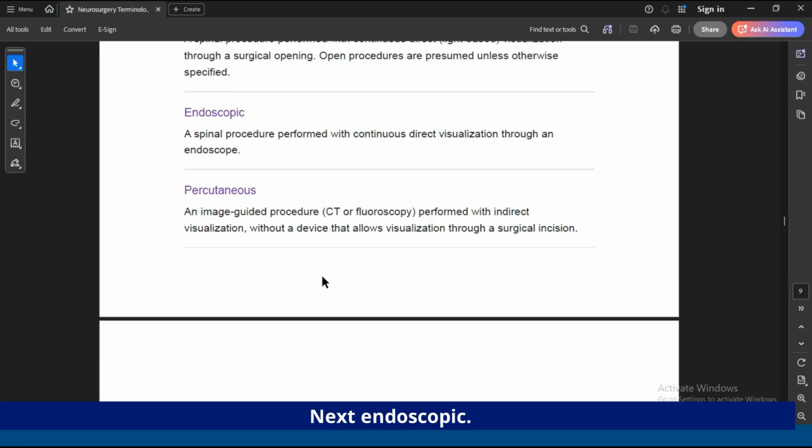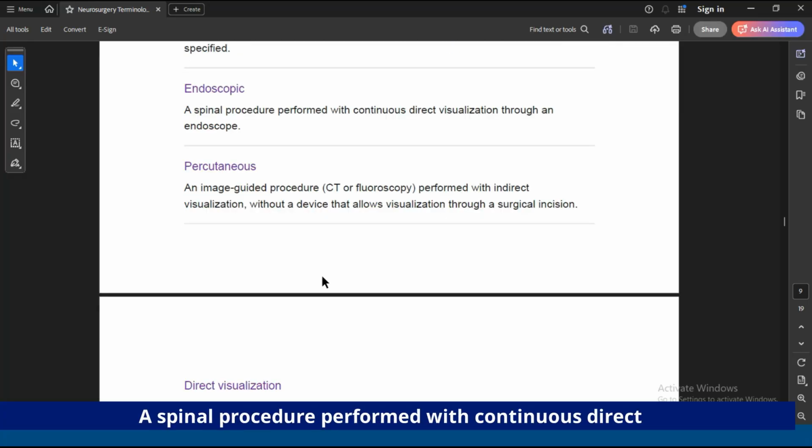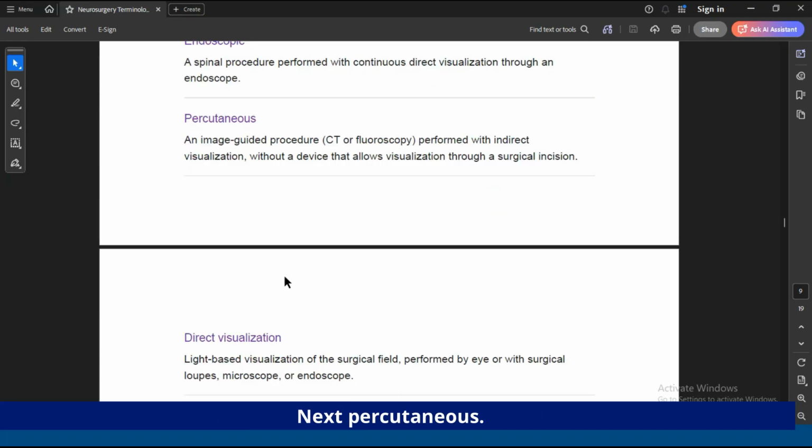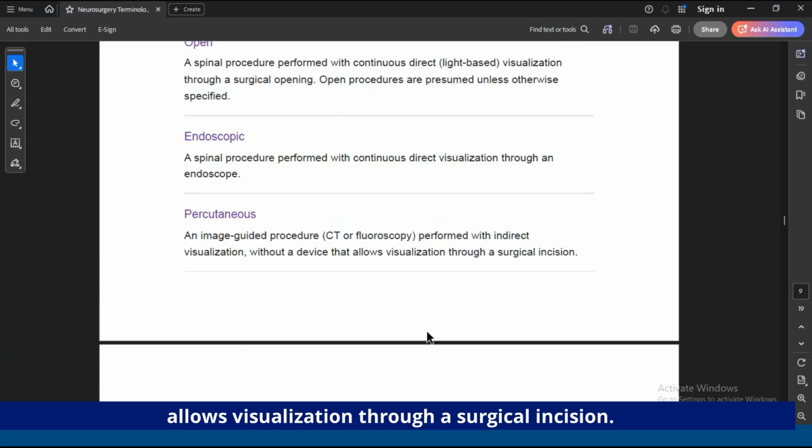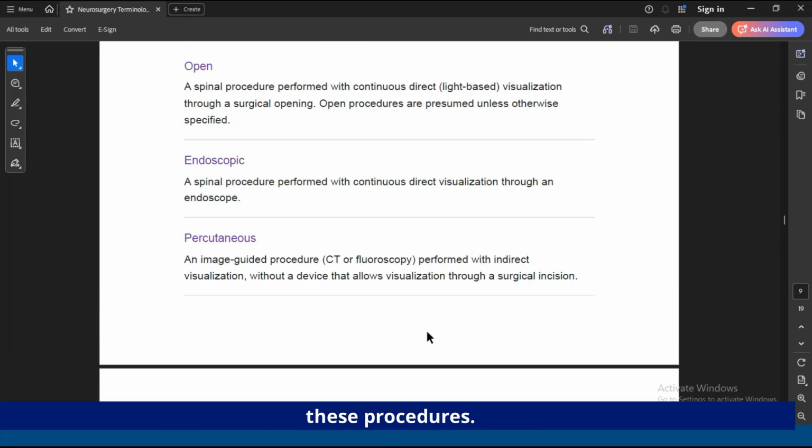Okay. Next, endoscopy, a spinal procedure performed with continuous direct visualization through an endoscope. Next, percutaneous, an image guided procedure performed with indirect visualization without a device that allows visualization through a surgical incision. So this is very important if you want to code these procedures. First you need to check the approach, whether it is open, endoscopic or percutaneous.